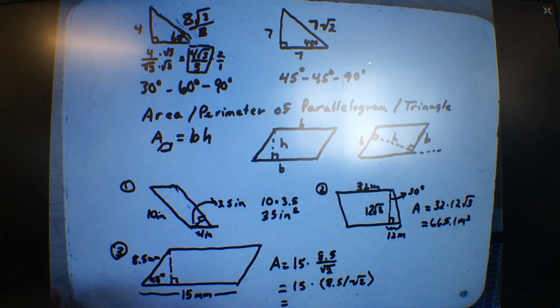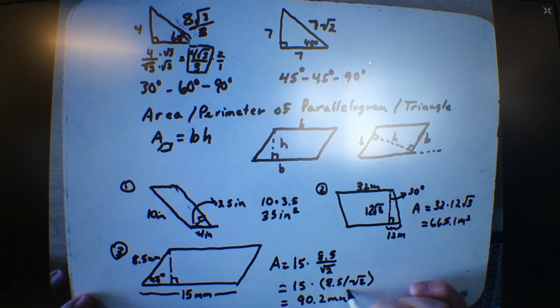180.3. You got 90 point what? 180.3. Okay. I got 90.2. I think the answer is 90.2 millimeters squared. Okay. Help her out. You got that right. What did you do wrong? I didn't do anything wrong. I think you multiplied.